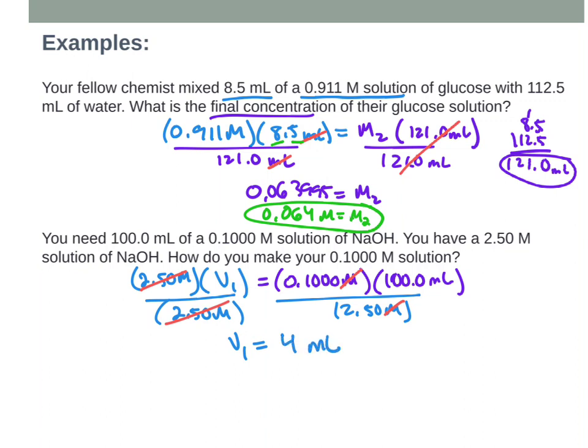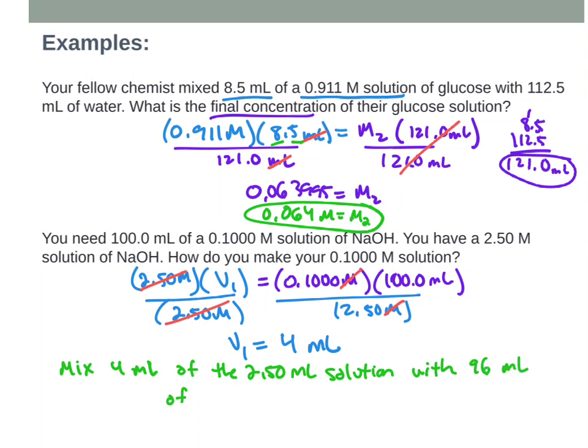So if I was to write an answer to this question, this sounds kind of like a tell me how to make it. I would say that I would mix 4 milliliters of the 2.50 molar solution with basically 96 milliliters of water.